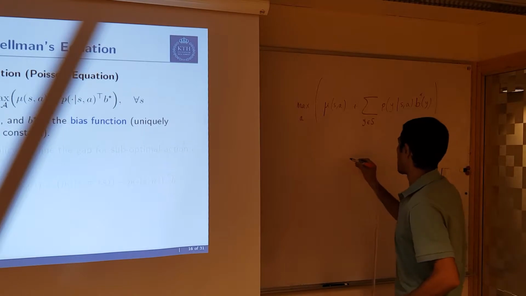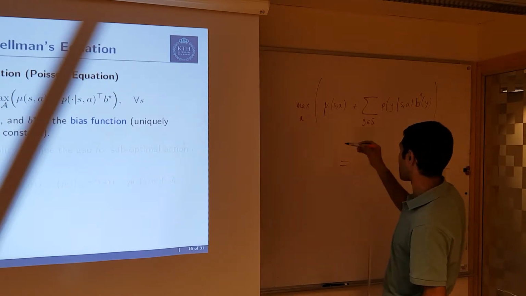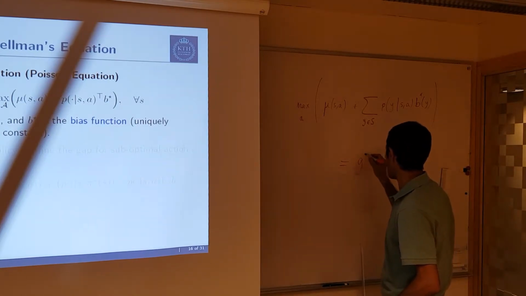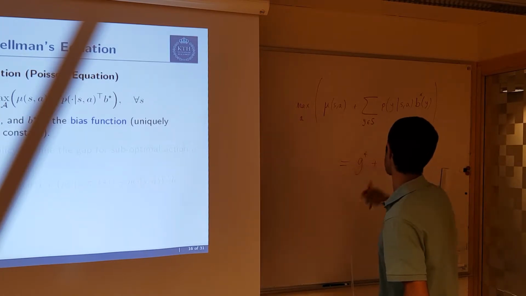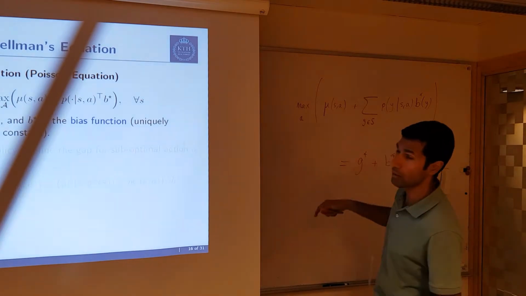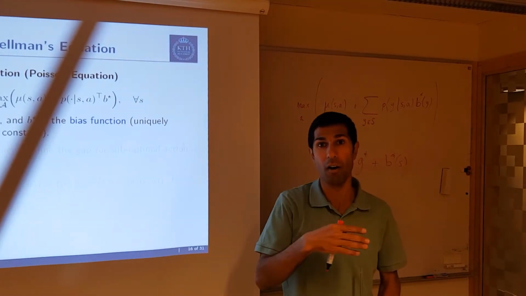And by Bellman optimality principle, it would be equal to G star plus DSP star, but evaluated at state S. And you would have this simultaneously for all states.